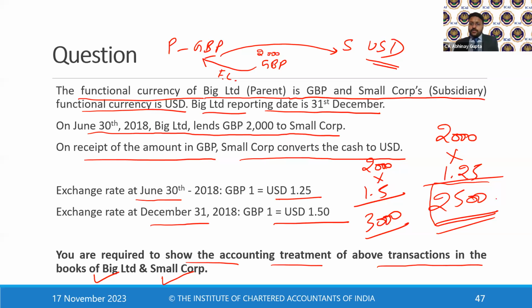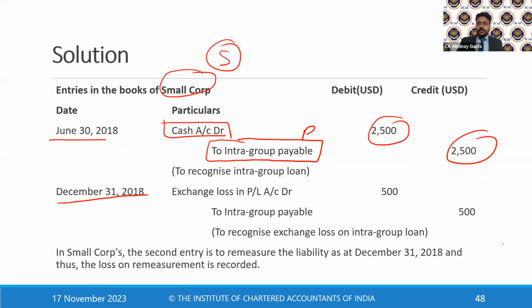I had received $2,500, but I will be having a liability restated at $3,000. So $500 is the loss I will be incurring because of this restatement.